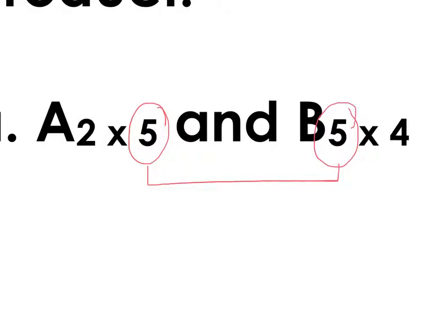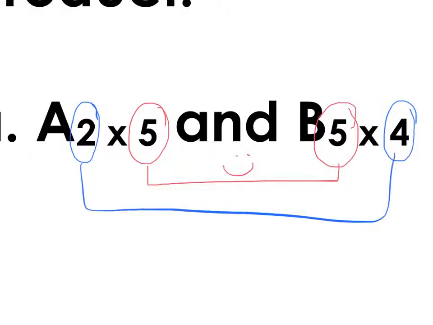Quick way, are their inner numbers the same? Yep, guess what? You can multiply them. So it is defined. The cool thing is, their outer numbers are going to produce the dimensions of their solution. So the solution of A times B will be a 2 by 4.